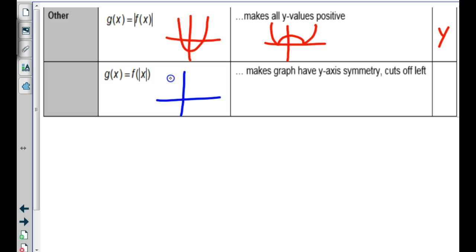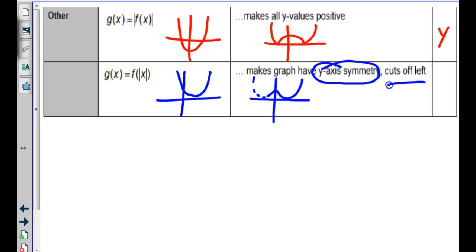No, it wouldn't. It would still be the same. If this was my original graph, it would now have that same thing to the right, but the left would be symmetric, okay? The graph will have y-axis symmetry and the left will be cut off. Explains it pretty well. It's changing x's.